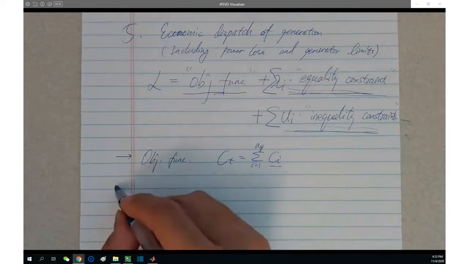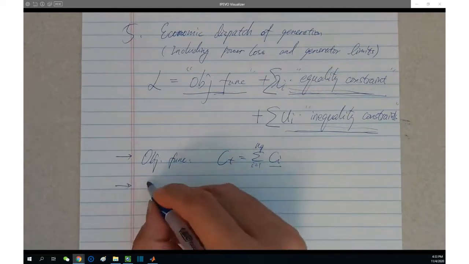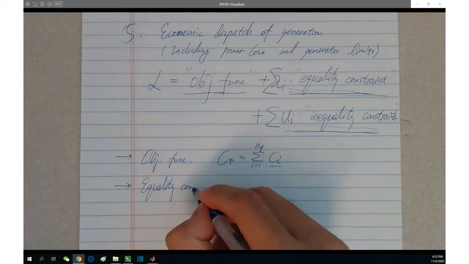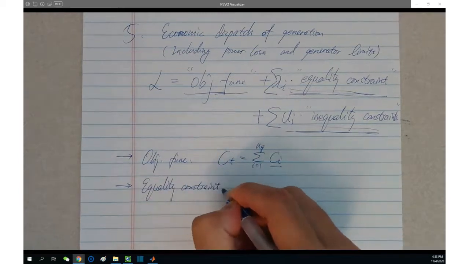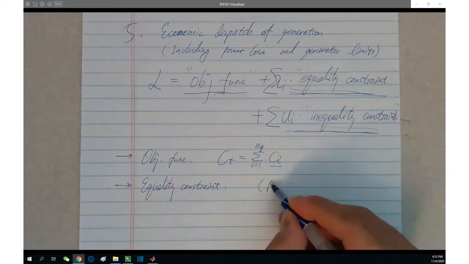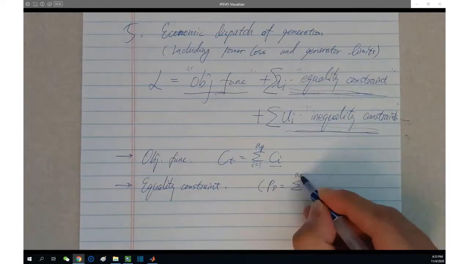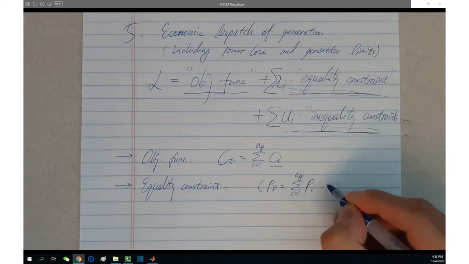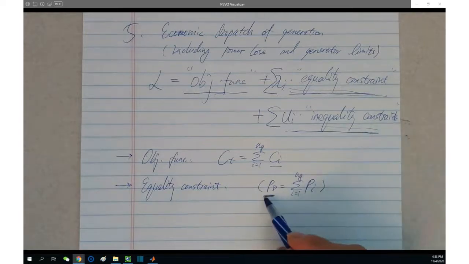Next, the equality constraint. Previously, what we had is PD equals the summation of the total power. PD is the customer request, this amount of power.